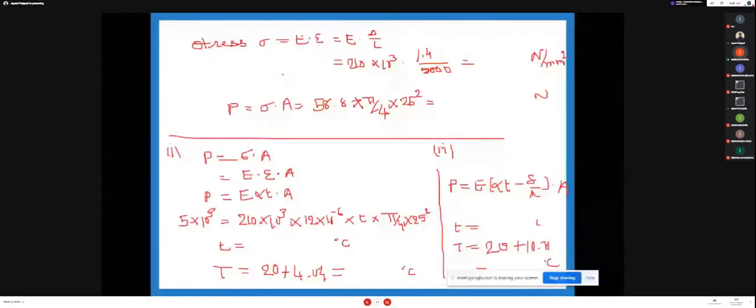Yes, your stress value is already right. Just multiply by the area, you are getting the force.